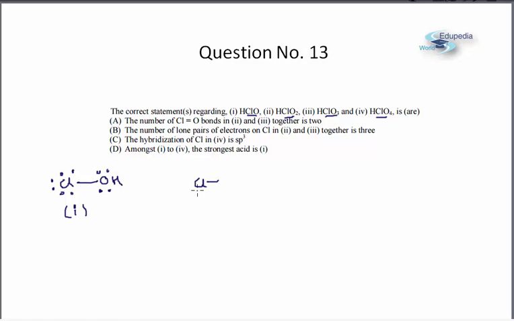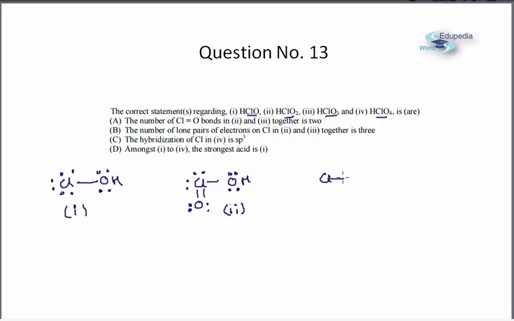Just one more oxygen will be added, double bond O to this chlorine, and 2 lone pairs on this chlorine and 2 lone pairs on oxygen. There will be 2 lone pairs on this oxygen as well. This will be my acid number 2, chlorous acid HClO2.